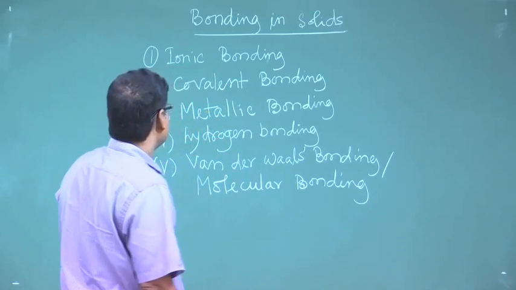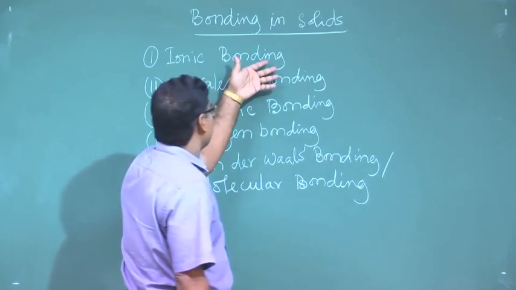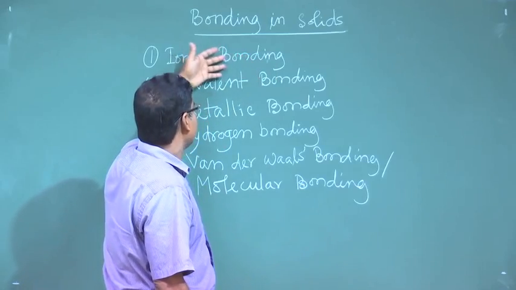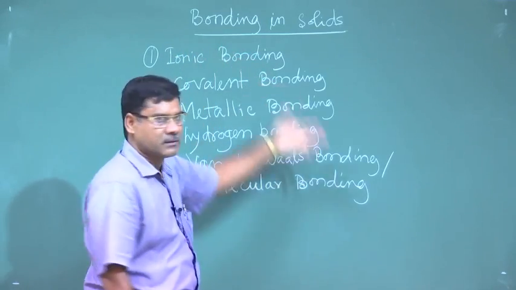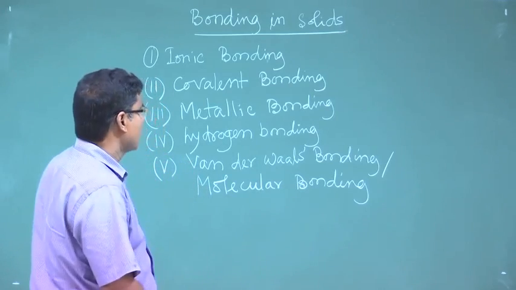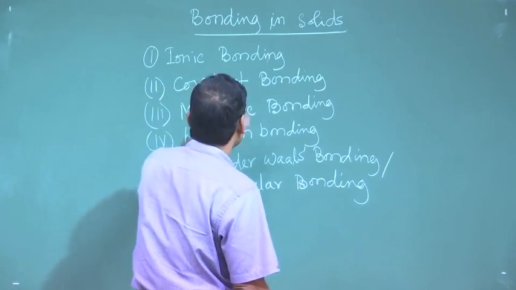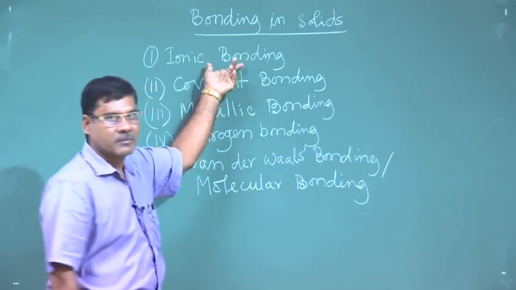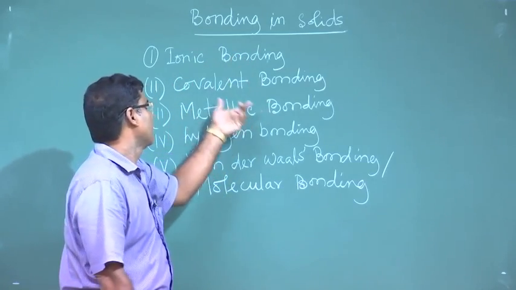So, you are familiar with most of these bondings. When it forms a molecule, it is formed due to ionic bonding or covalent bonding.